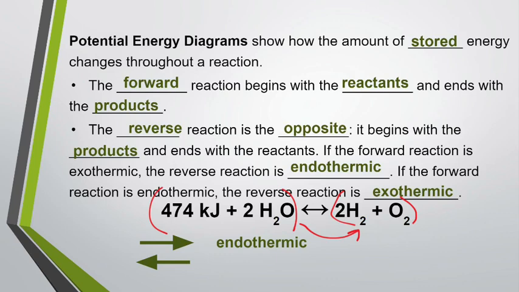The energy is part of those molecules. But if we reverse that reaction, if we're turning our H2 and O2 into water and energy, then they're producing energy. It's exothermic. The energy is being released, coming out of those bonds, and it isn't needed for the H2O bonds. So that extra energy that isn't being used to make the H2O bonds is released as heat.